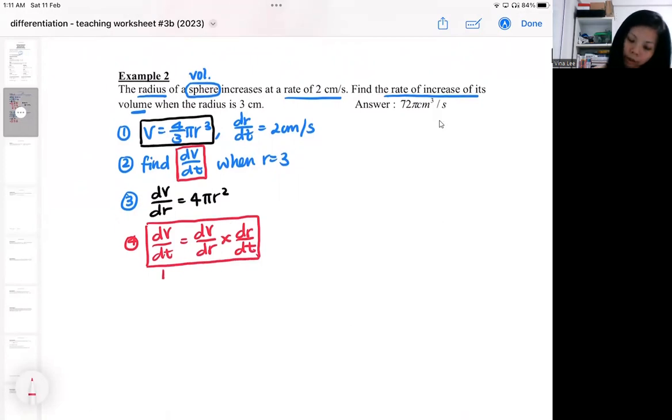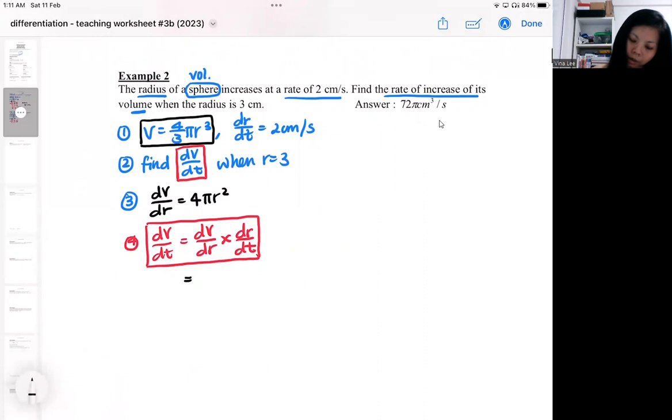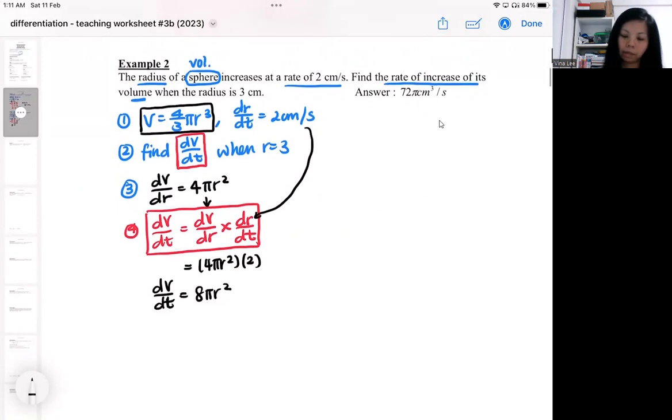So dV/dt is my aim. So this is the formula for dV/dt. My dV/dr is this. My dr/dt is 2. So my dV/dt ends up being a very nice formula. When I have a very nice formula, then I put in my r equal to 3.